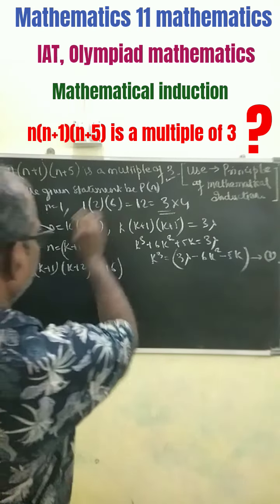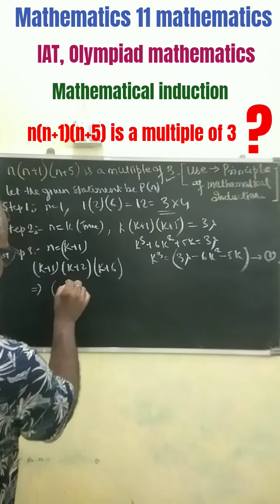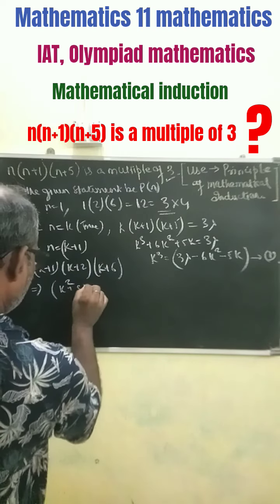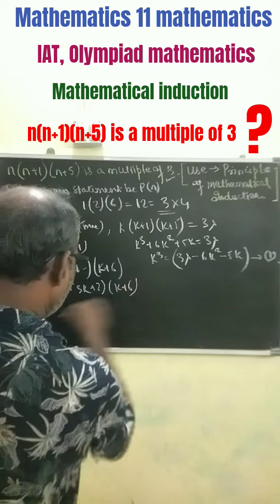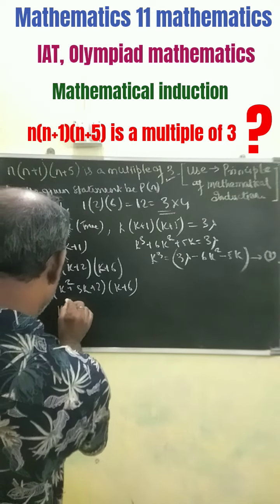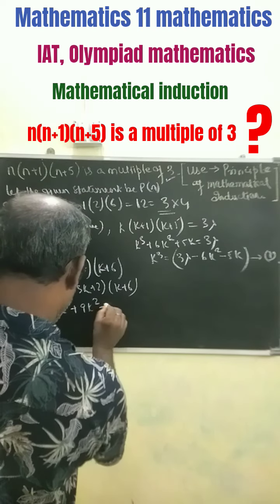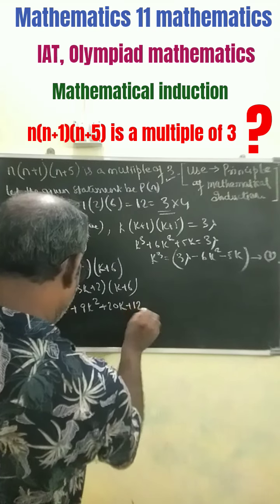So this can be written as k square plus 3k plus 2 into k plus 6, which implies that we get here k cube plus 9k square plus 20k plus 12.